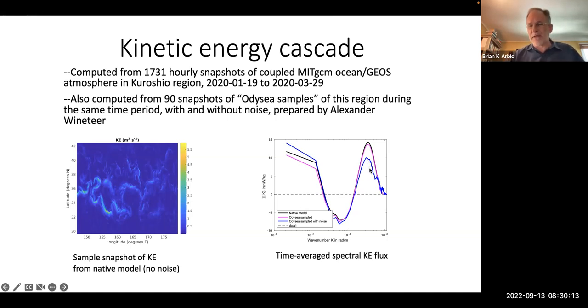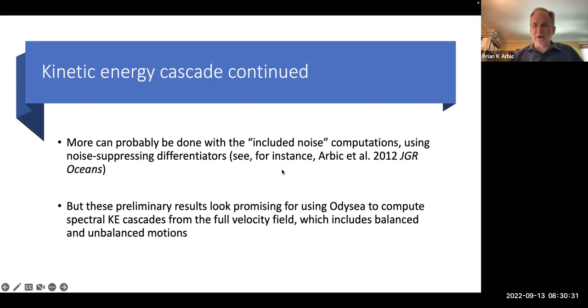It's maybe worth mentioning that the variability in the spectral flux from one snapshot to another is massive, and it's really large in the with-noise computation. So you really have to do a time average to get agreement this good. I think more could be done with that noise, but I just wanted to do something quickly, and we're already talking to Lionel and others about improving this. I think it's looking like an interesting start.